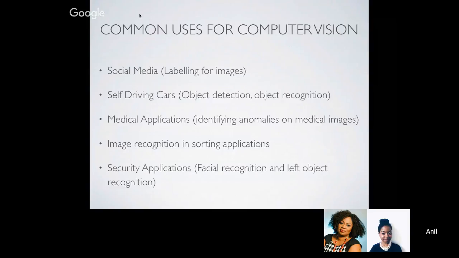Sorting applications, like factories where you have automated sorting systems where you could use computer vision to look at products, for example fruit, and sort them into different sizes or colors and that type of thing. And then there are security applications, which is a big one: facial recognition, things like left object recognition.